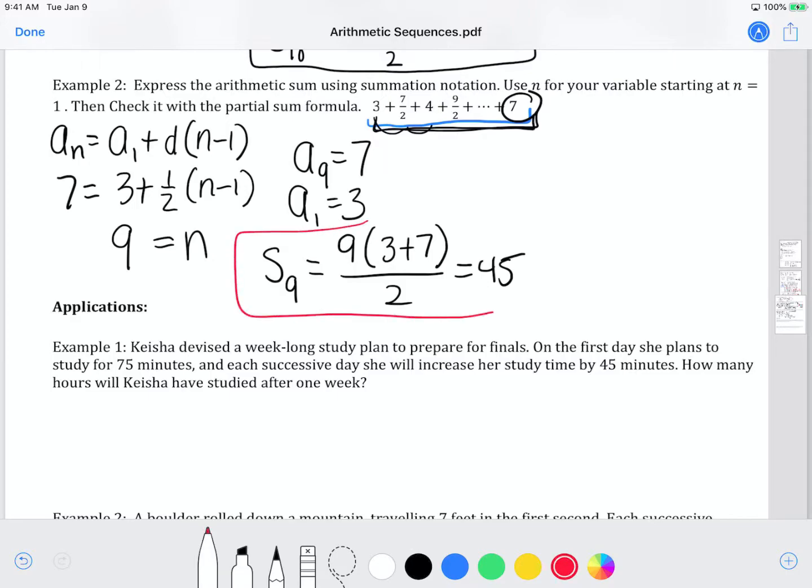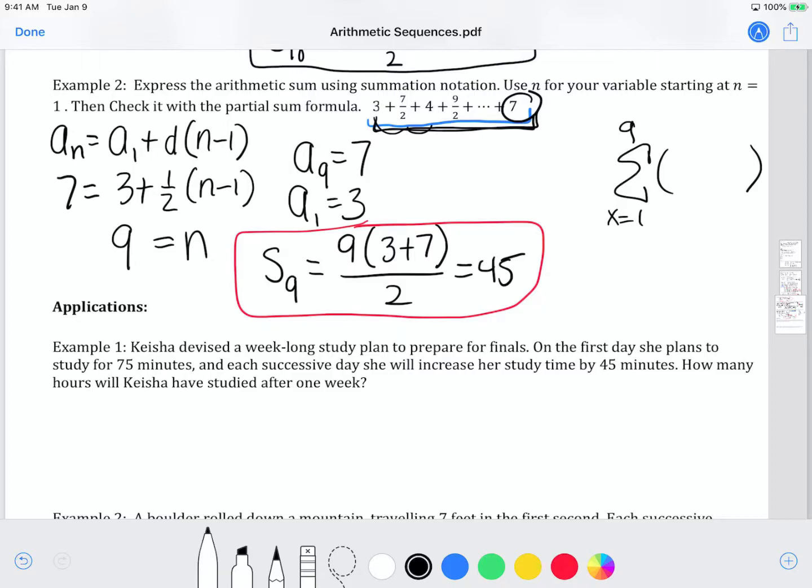So now we can also set this up using our summation notation. When we put it in on the calculator, we would start at the first term and end at the 9th term. And then we would put in our formula for the sequence so that it can generate each of those terms and add them together.